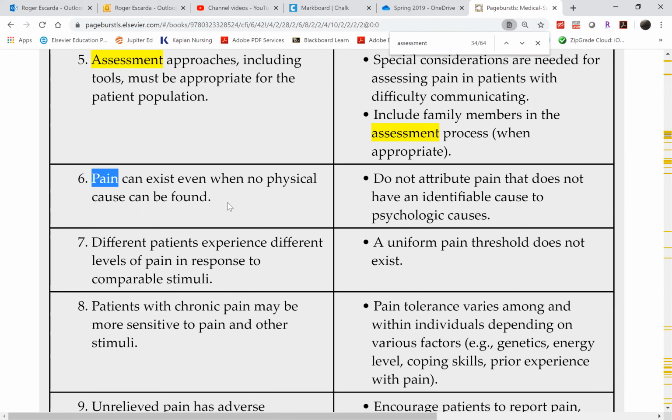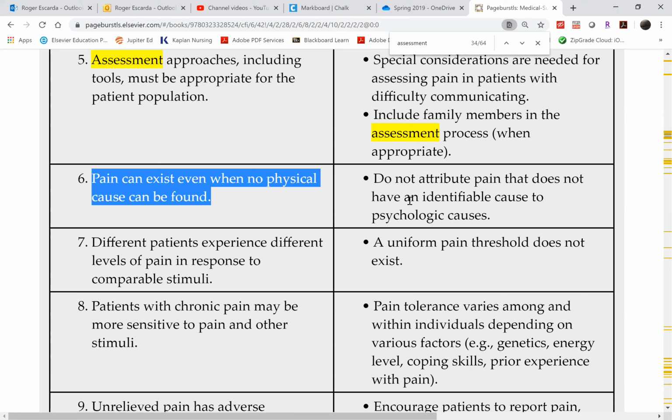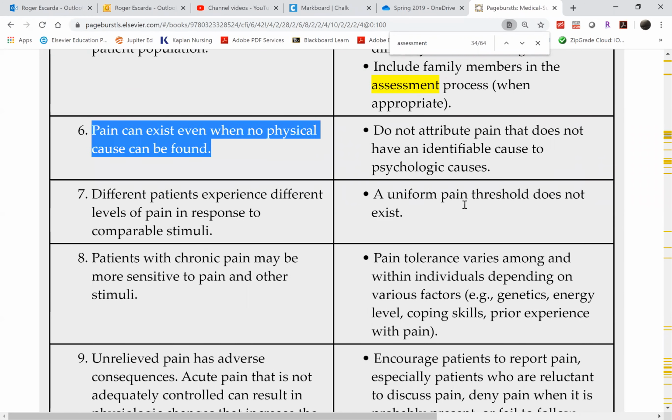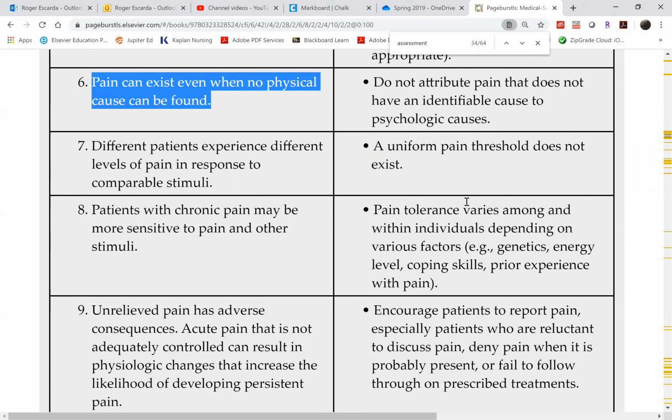Here, pain can exist even when there's no physical cause. Let's say the doctor ordered x-rays, MRIs, whatever he wants. He can find no justifiable cause of the patient's pain. Can he then say the patient's full of it? No.